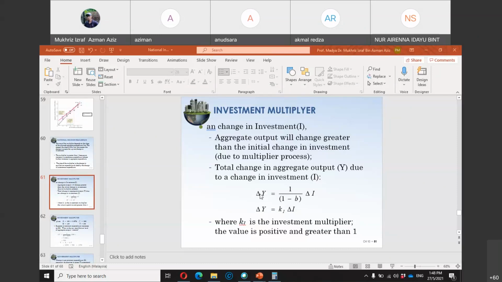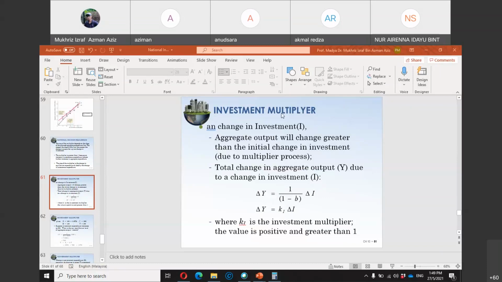That's why the sign that you see here is always in terms of change. Given a change in investment, what will be the change in output, the GDP? The change in investment is also subject to the multiplier value. For example, the Japanese company puts 100 million into the economy, so GDP will increase by more than 100 million.